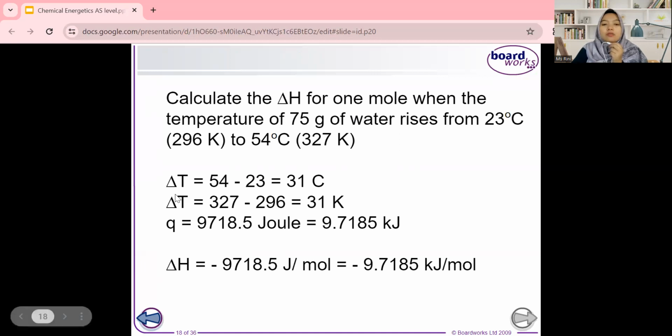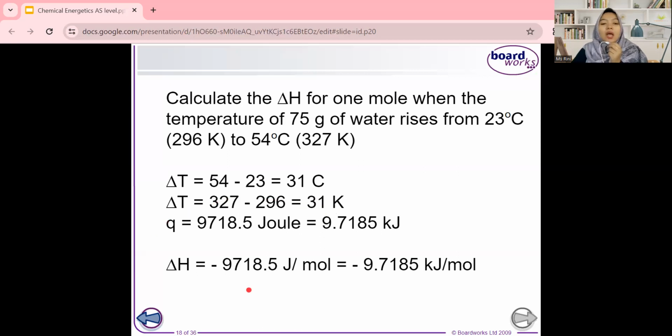Let's first calculate delta T, using the final temperature minus the initial temperature. You can use Celsius or Kelvin since it is asking about delta T, the change in temperature, and the result will be the same. So we get delta T is 31.